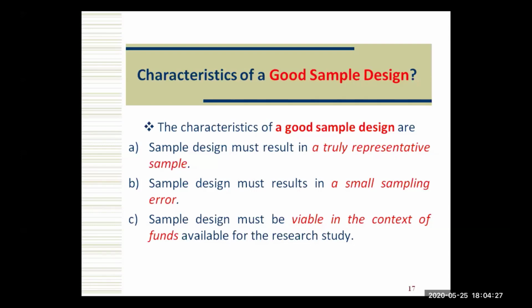Representativeness is the first criterion of developing a very good sampling design. The sample design must also result in small sampling error, and a design that commits very small error is also considered a good sampling design.